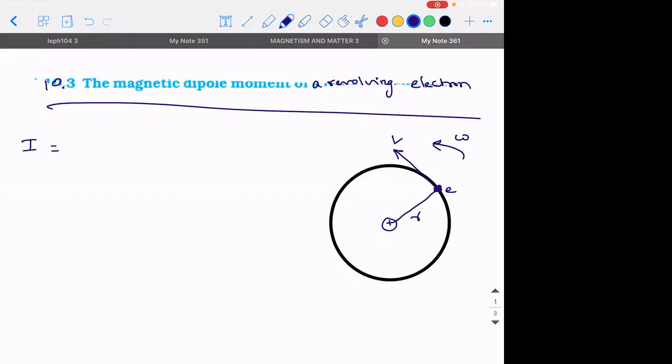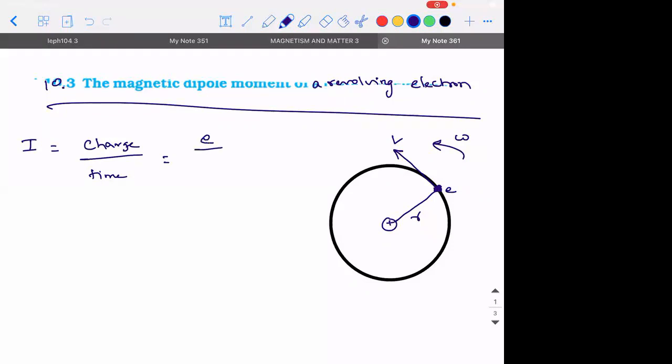Now, what does the current definition tell us? The mathematical definition of current is the amount of charge flowing per unit time, that is the rate of flow of charges. So what is the charge that is flowing here?